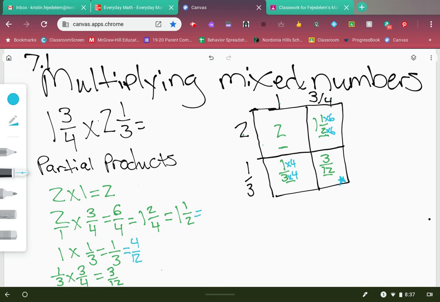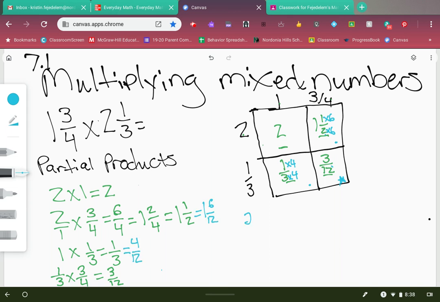And 1 1/2 could really be called 1 6/12. So in this bottom box here, this is always going to be your common denominator. Whatever this denominator is in this box, you can change this fraction and this fraction to that denominator. It will always work. So now I can add them because I have common denominators.